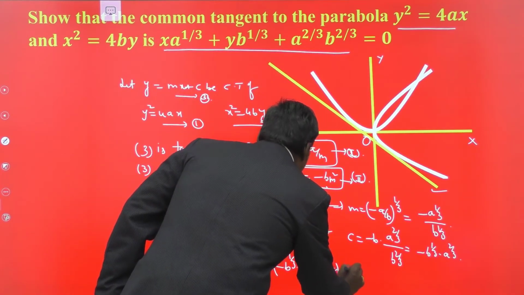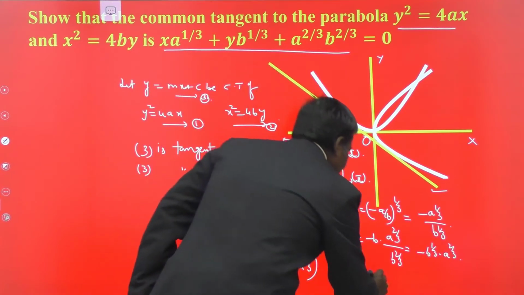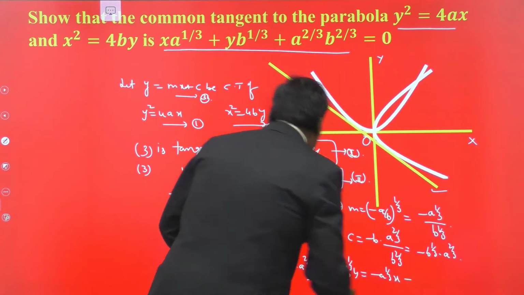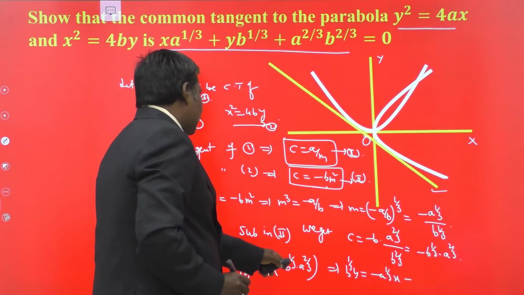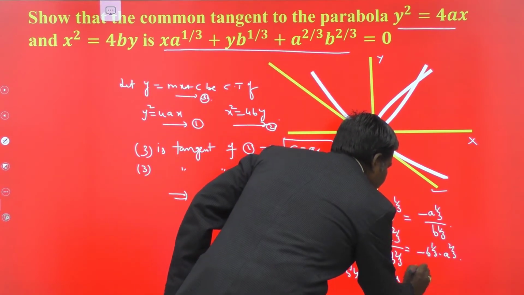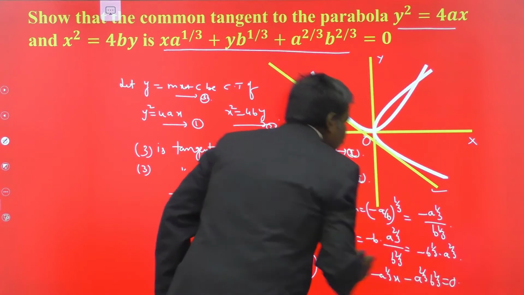This implies b power 1 by 3 into y is equal to minus a power 1 by 3 into x minus b power 2 by 3 into a power 2 by 3, minus a power 2 by 3 b to the power of 2 by 3 is equal to 0.